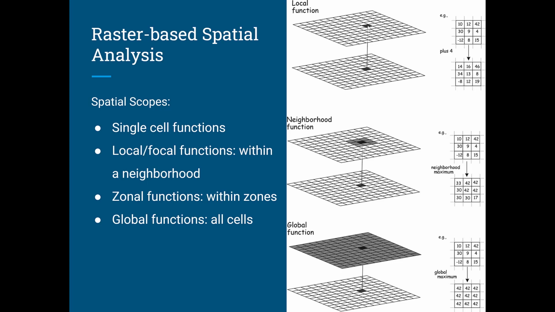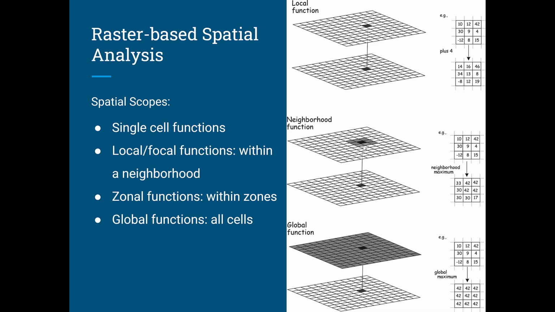You can connect them together by using certain functions, which we call single cell functions. Or you can define a focal or local function, basically within a neighborhood. We also call this function a moving window.